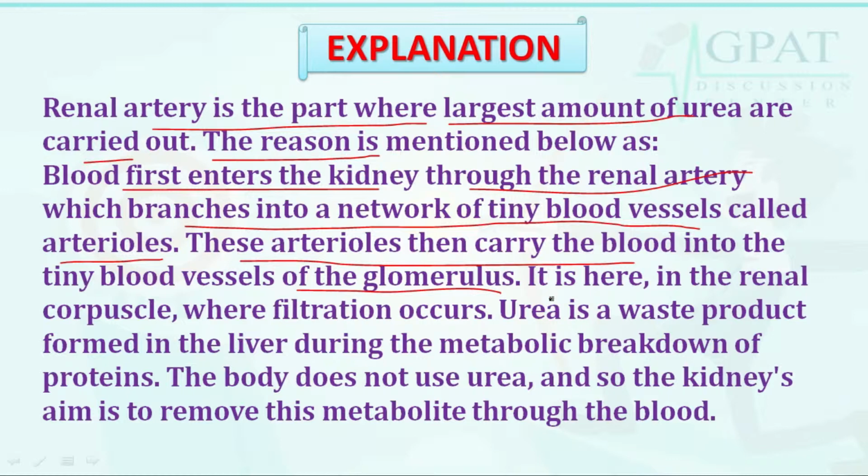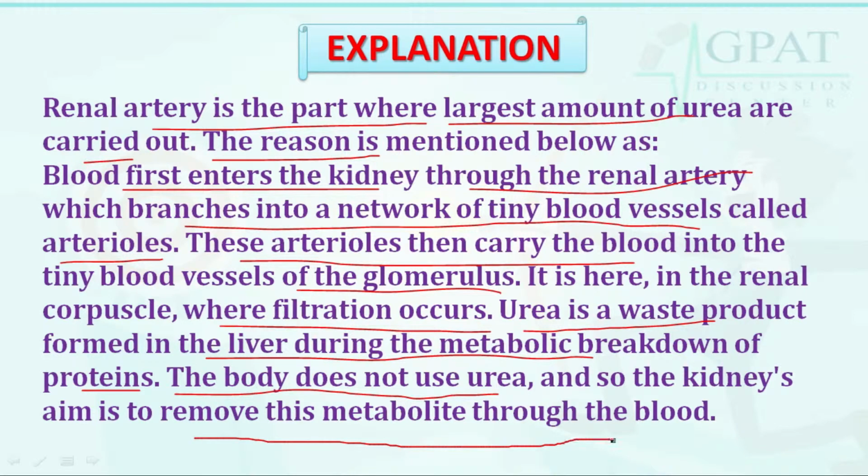It is here, in the renal corpuscles, that filtration occurs. Urea is a waste product formed in the liver during the metabolic breakdown of protein. The body does not use urea, so the kidney aims to remove this metabolite from the blood.